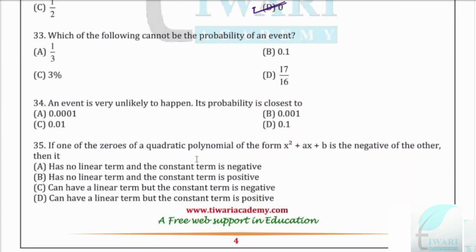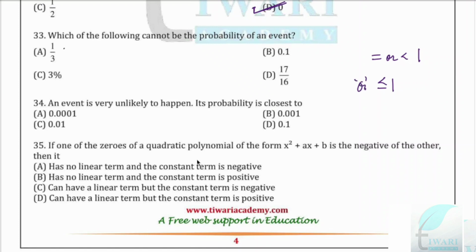Question number 33. Which of the following cannot be probability of an event? The probability of an event is always equal to or less than 1.